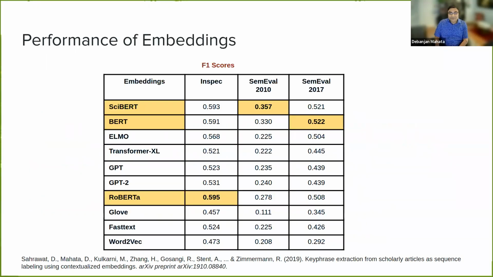We tried out various embeddings and benchmarked some of these datasets, and we saw that RoBERTa, BERT, or the BERT family of models really work well in identifying key phrases when you take the token classification model for each of these language models.